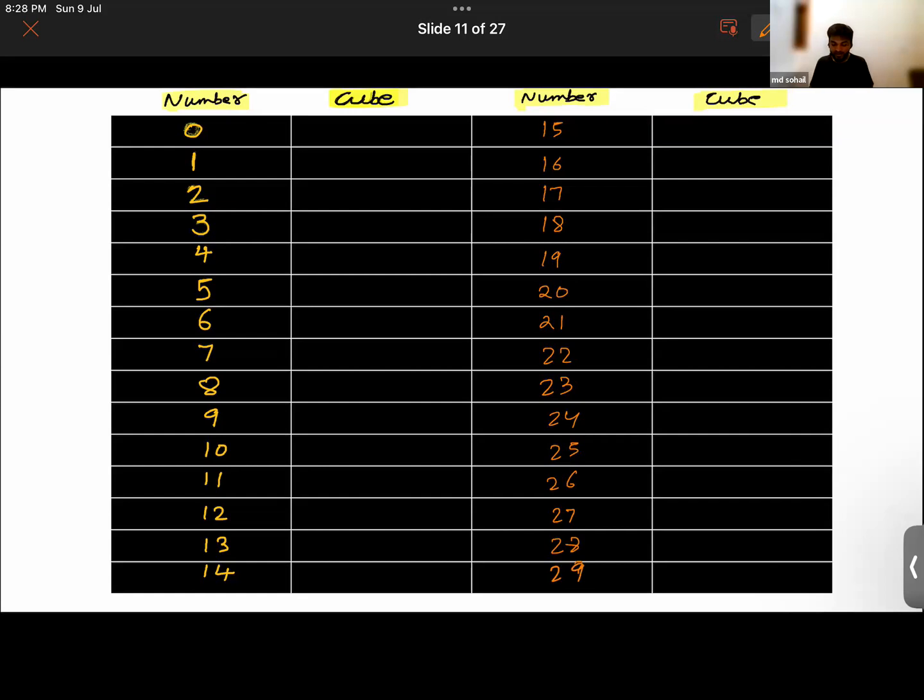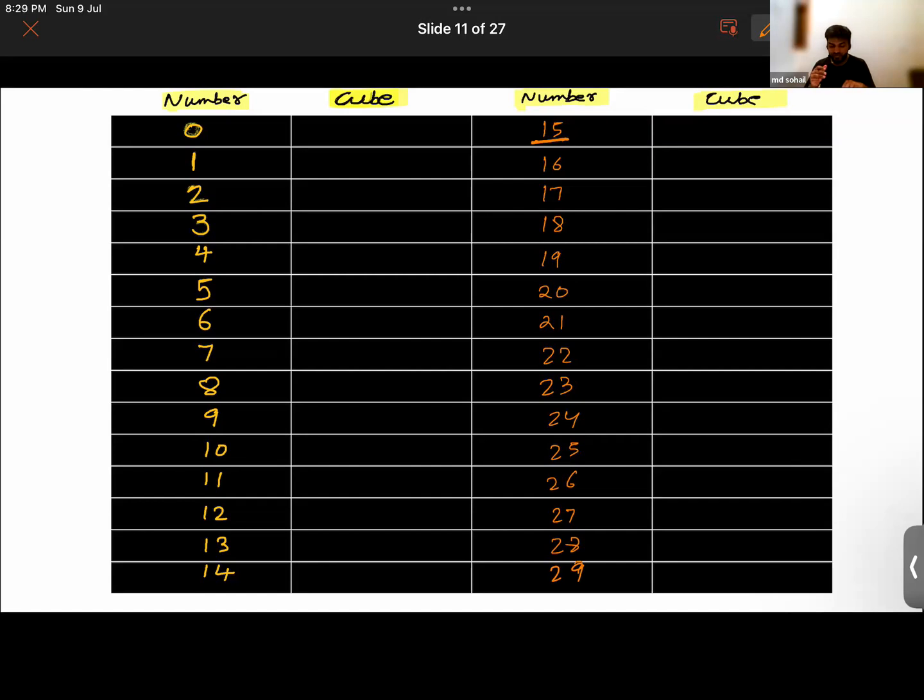And try to remember cubes up to 15, because that is going to save a lot of your time in calculations.